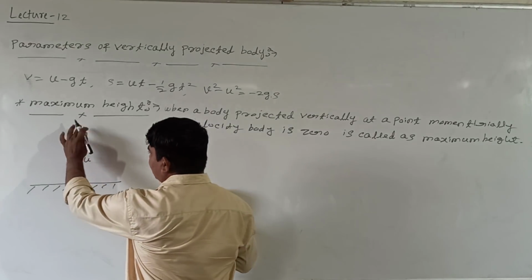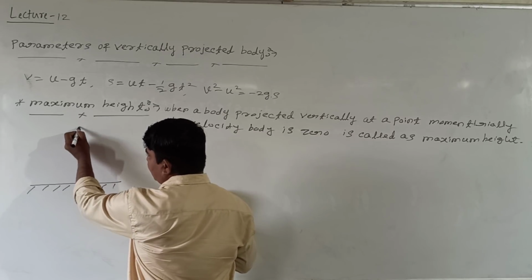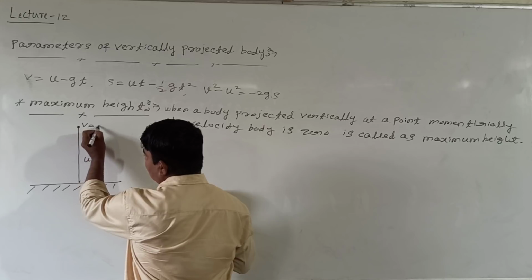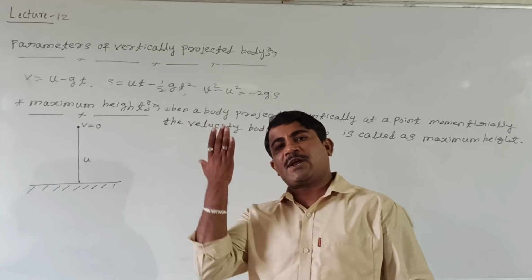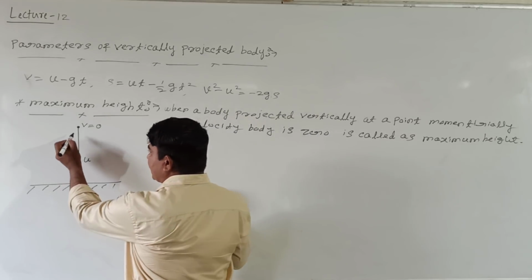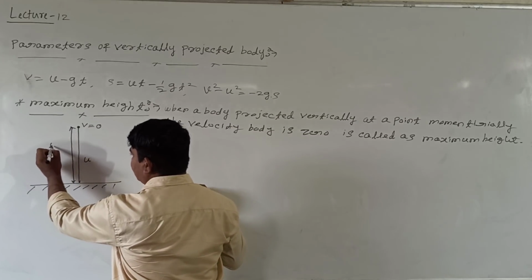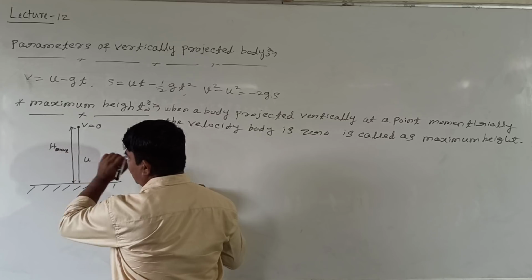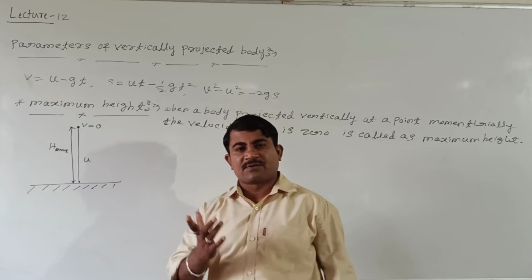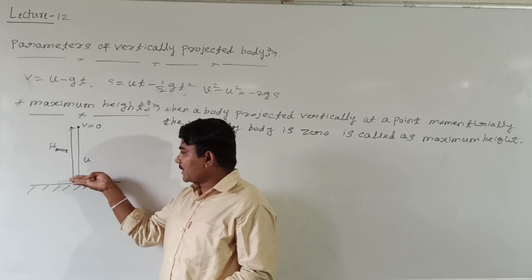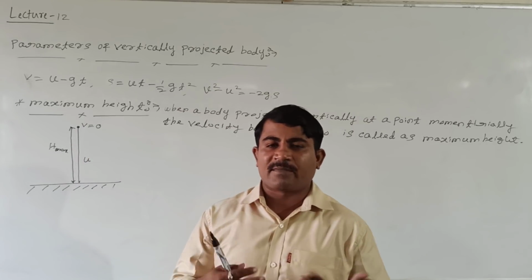At this point, exactly at this point, when the body is projected upside, the final velocity of the body is zero, in a fraction of a second. This height we are calling maximum height. Then after, again this body comes back, that is different. But when this body is projected upside, momentarily at this point the velocity is zero, and that height we are calling maximum height.